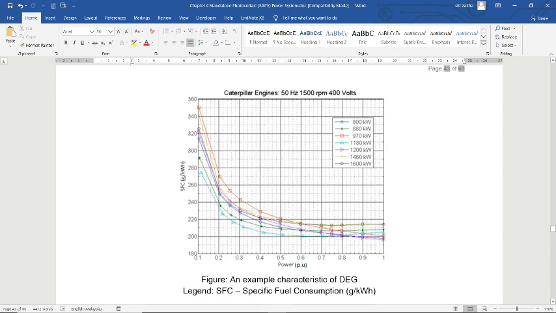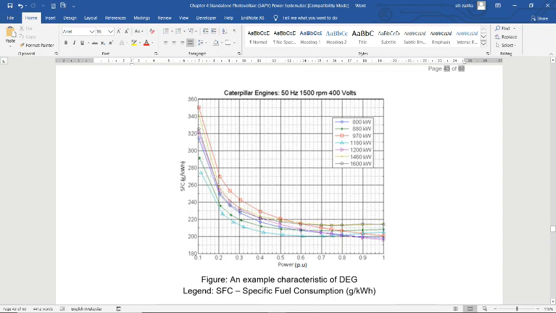So the 1200 kilowatt engine is more economical compared to the 970 kilowatt engine at operation of 0.8 per unit power. And also at 0.2 per unit power, the fuel consumption of this 970 kilowatt engine is much higher compared to the purple one.